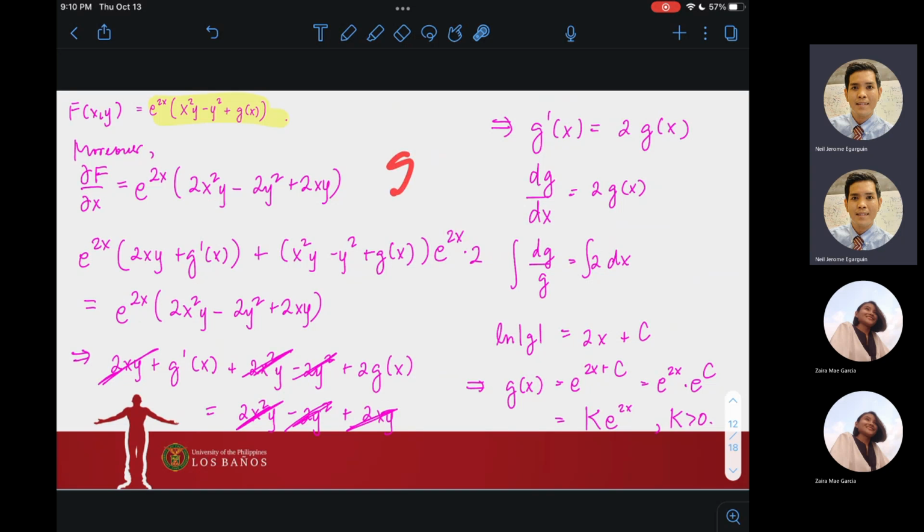Kasi nakuha niya lang ang g prime ay equal sa constant. Sorry, ang nakuha niya ay g prime ay equal kay, hindi ko makita eksakto kung ano yung nangyari sa kanya. Parang nakuha niya ay g prime equal kay e to the 2x. Pero ako ay may g. Bakit ako may g? Kasi ako ay nag-product rule.